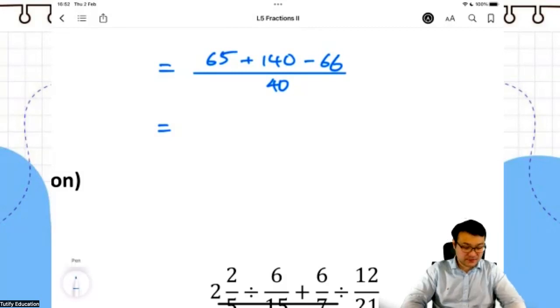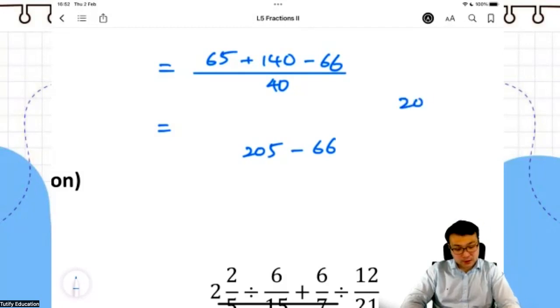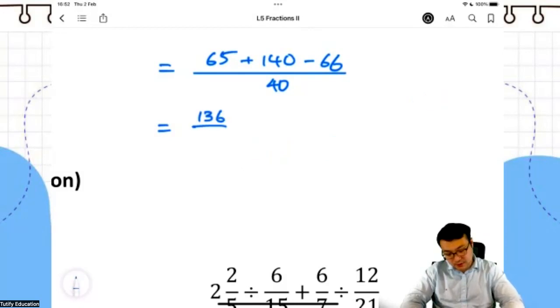So you can add 65 and 140, you get 205, minus 66. You can do your workings, don't worry. You can do it. 139. Yes, 139 over 40.